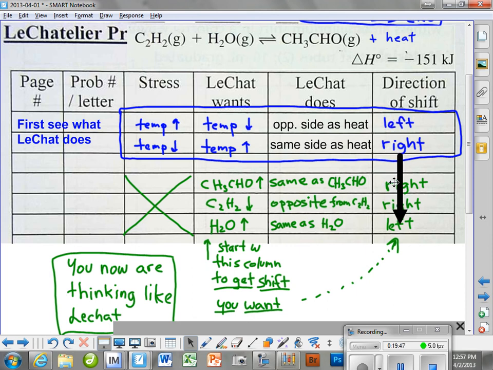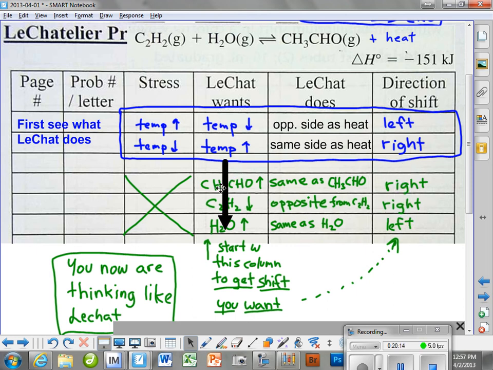For the left-hand shift, that gives us the information that we need to increase the temperature. For our right-hand shift, that gives us the information that we need to decrease the temperature so that Le Chat will increase it. And we know that to do those two things, the shifts will have to match.